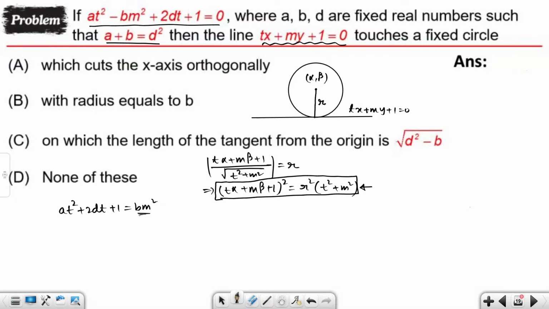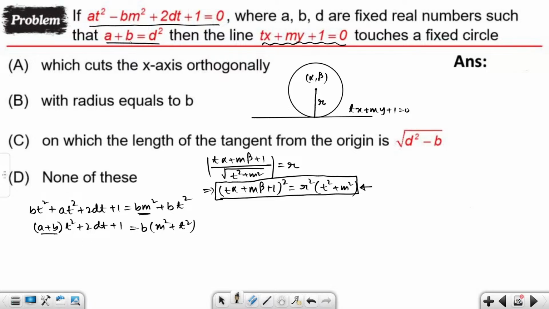See, on the right hand side we are getting m square with some common term b. So what I will do is I will simply add the common term b with t square on both sides. So the left hand side becomes, if I take t square common, it's coming something like this, which gives us b times m square plus t square, correct?